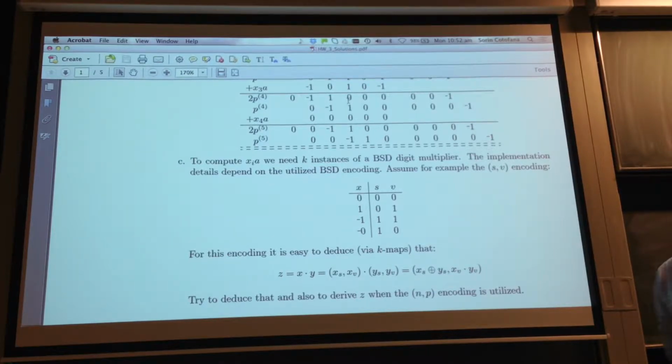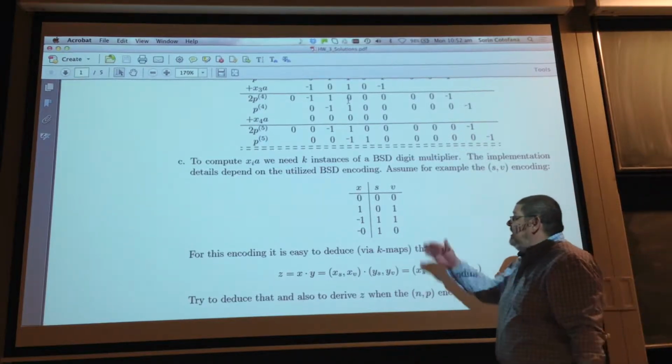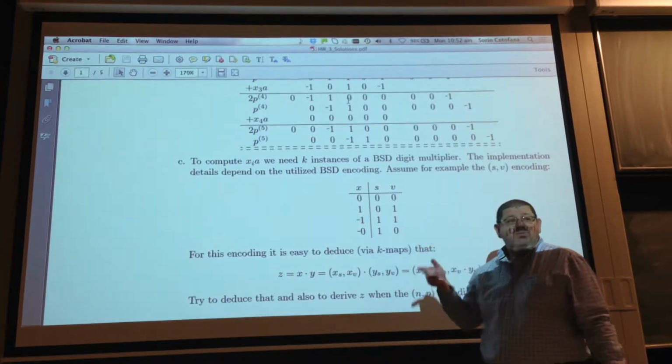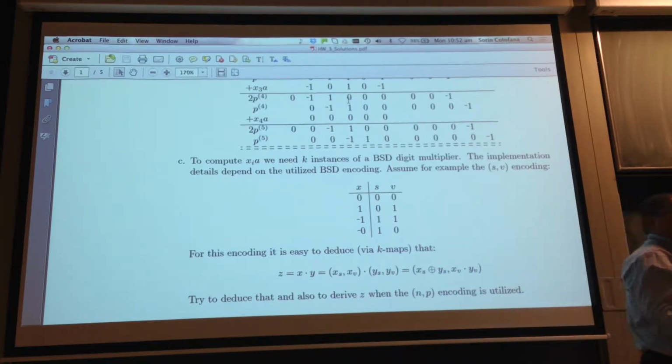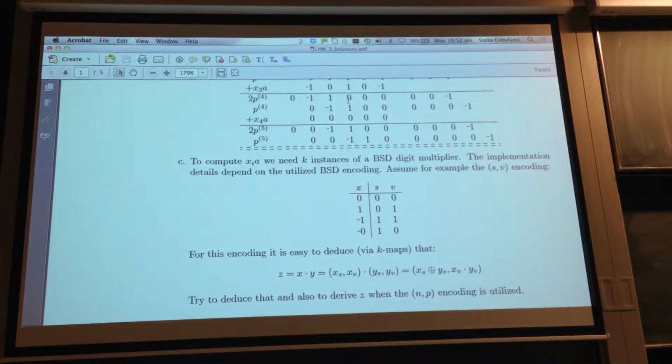Then, in my case, I made the choice for that encoding. But you could have chosen a different one. Then, first step is to make the choice of the encoding. If you don't do that, you cannot go further.